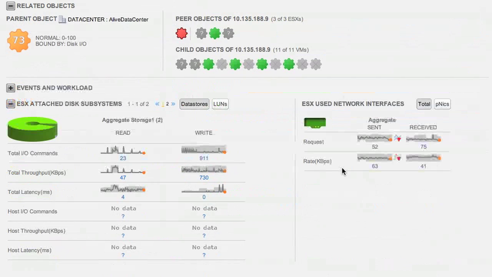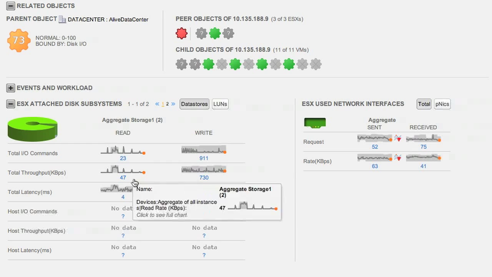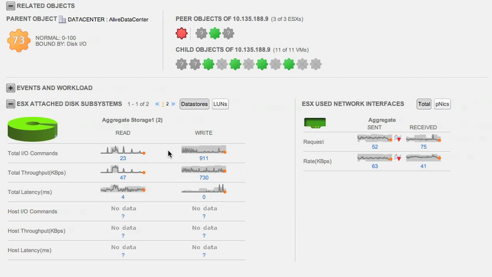I can expand that tab and scroll down and see a few details about what's going on with this host. The first thing we notice is that we have a section both for storage and for networking. On the storage side, we have stats that look at the overall data store activity.